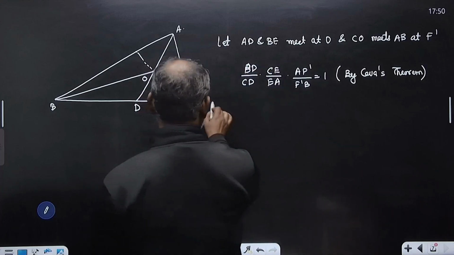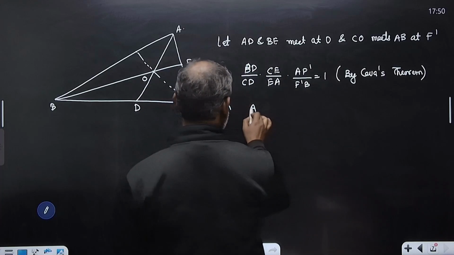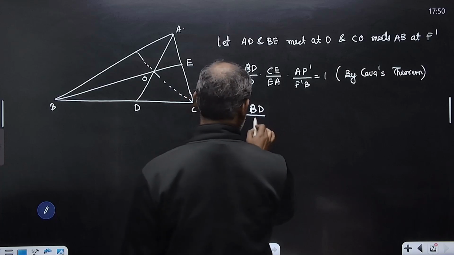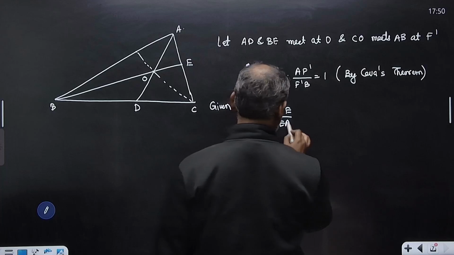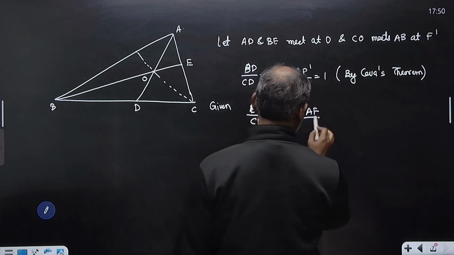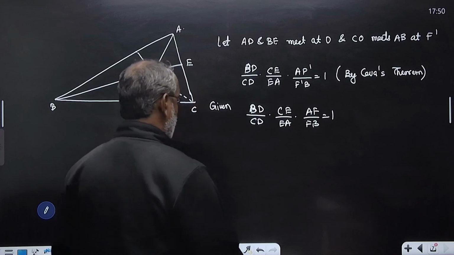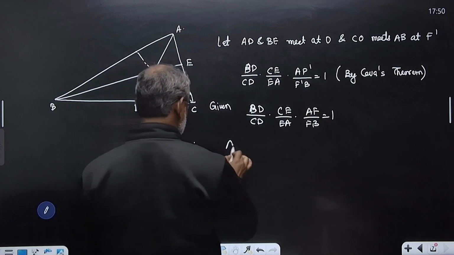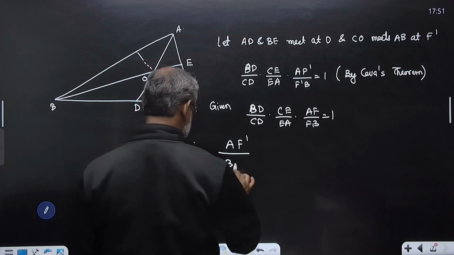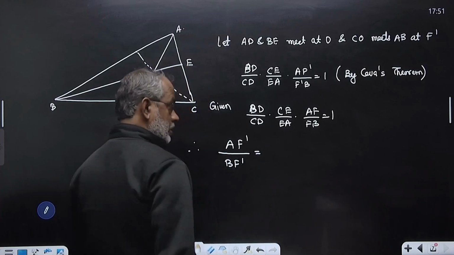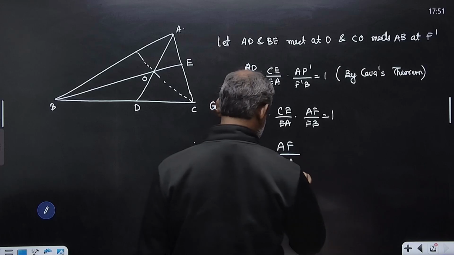Now we already know what is given to us, therefore what we have is AF dash upon BF dash is equal to AF by FB.